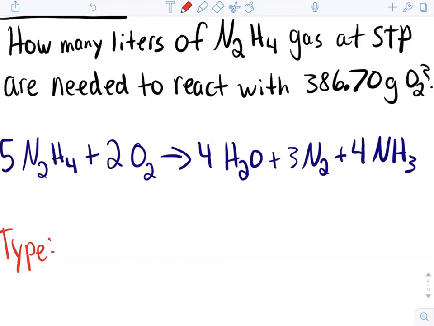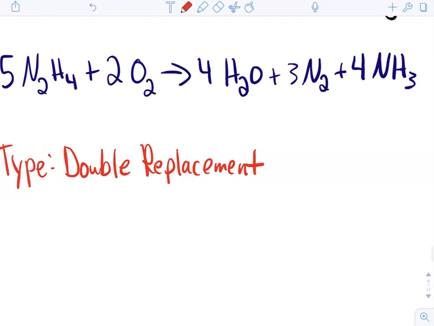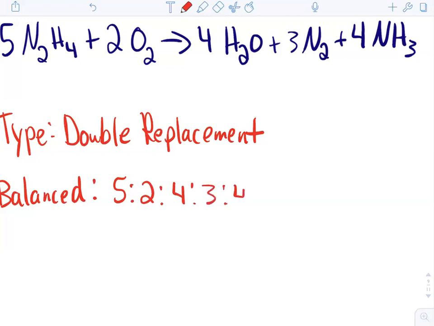So we're going to go with this one as a double replacement. If you said that it was a single replacement, that would work as well. And then for the balanced, they've already given us the coefficients 5, 2, 4, 3, and 4.